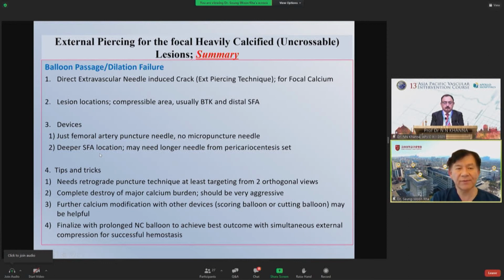For a deeper SFA location, sometimes you need a pericardiocentesis set because of the bulky SFA muscle. The safer lesion location is an uncompressible area, usually BTK and the distal SFA. This is focal calcium that is really difficult to expand with the usual conventional devices, and this is sometimes very useful, as I showed in this case. Thank you for your attention.